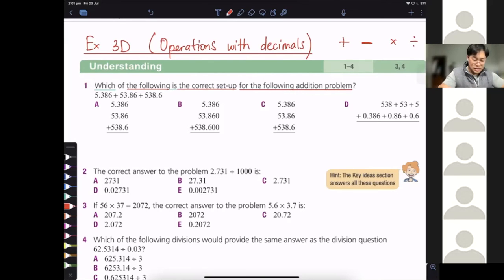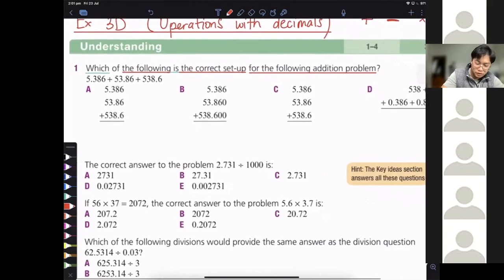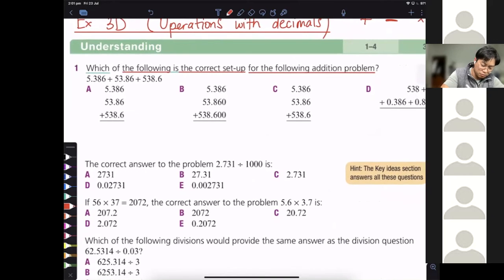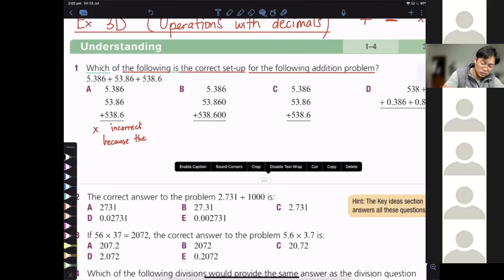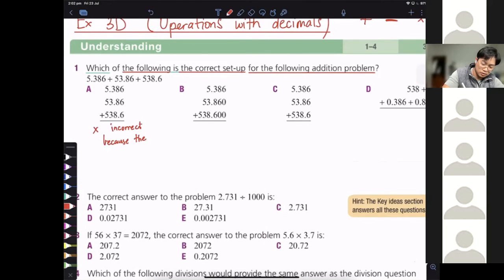If you have a look at part A here, this one here is going to be incorrect, because the decimal points do not line up. They need to line up with each other.